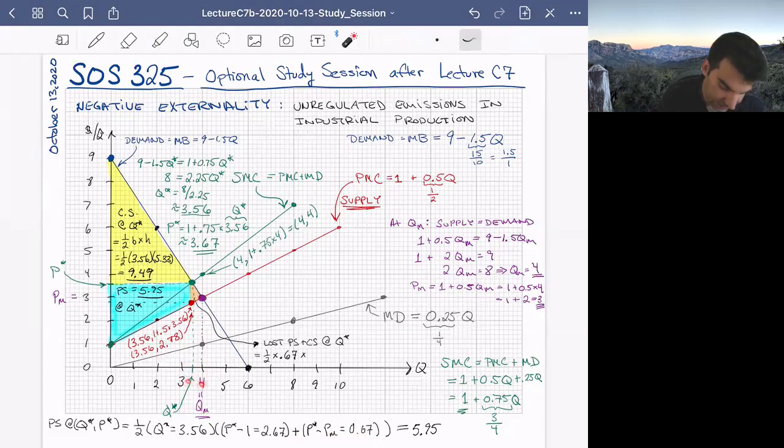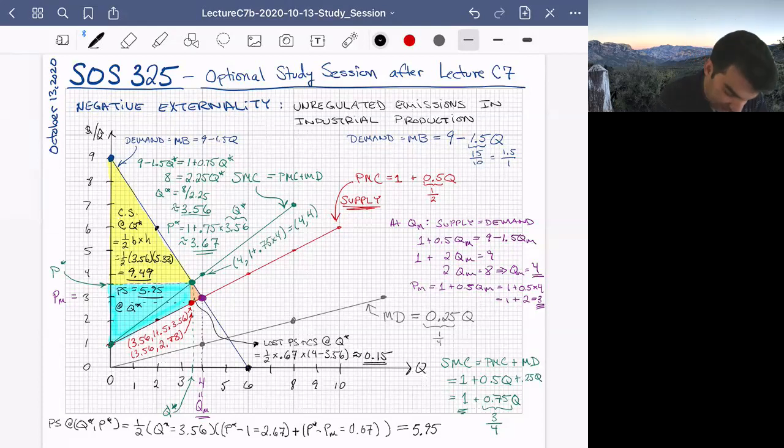So it's going to be 4 minus Q star, where Q star is 3.56. So I can write that in here. It's just 4 minus 3.56. And so those things together, 0.5 times 0.67 times 4 minus 3.56 gives me approximately 0.15. So that's what goes in there.